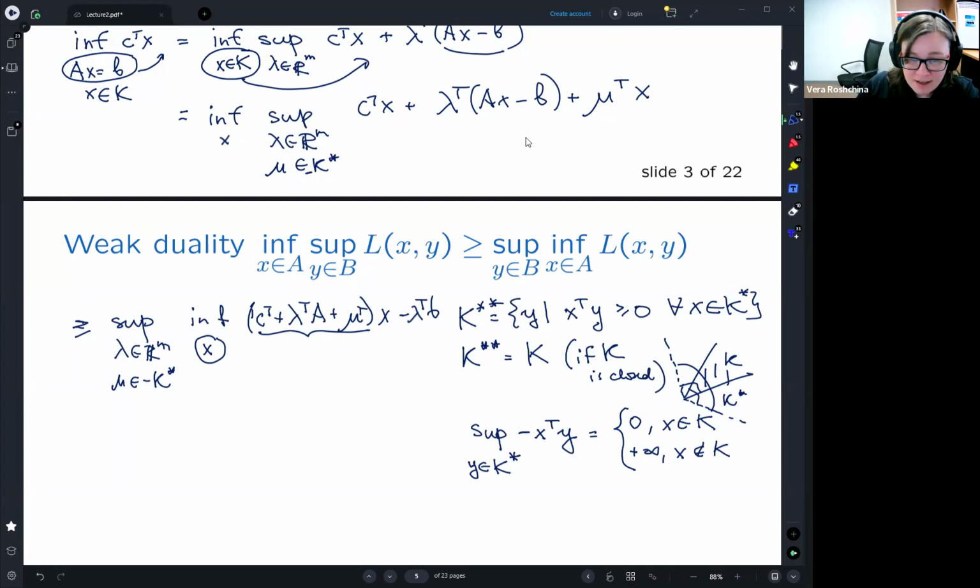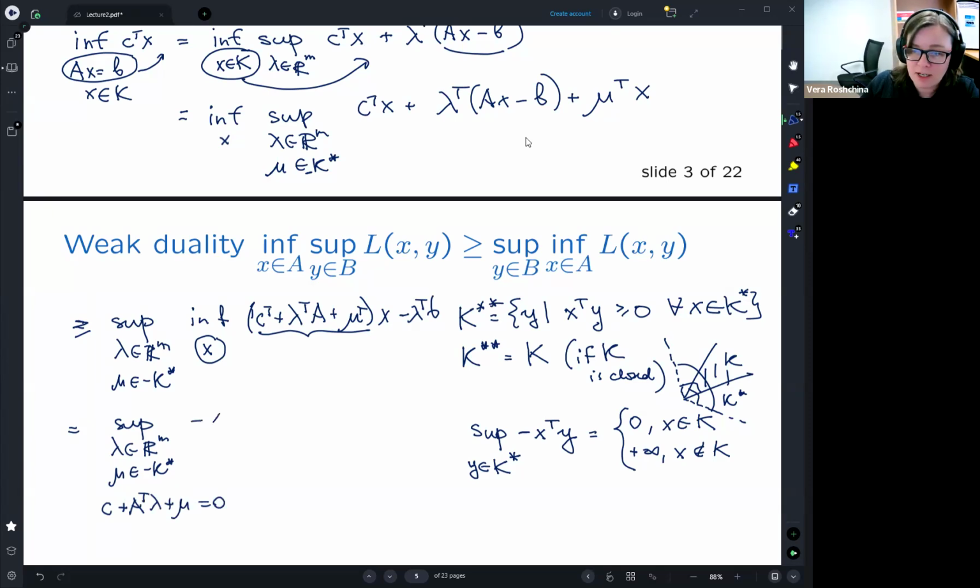So then I simply have the supremum over lambda in R^m, mu in minus K star, and then this expression should be zero. I can write it more directly: C plus A transpose lambda plus mu should be equal to zero. And so this term disappears.